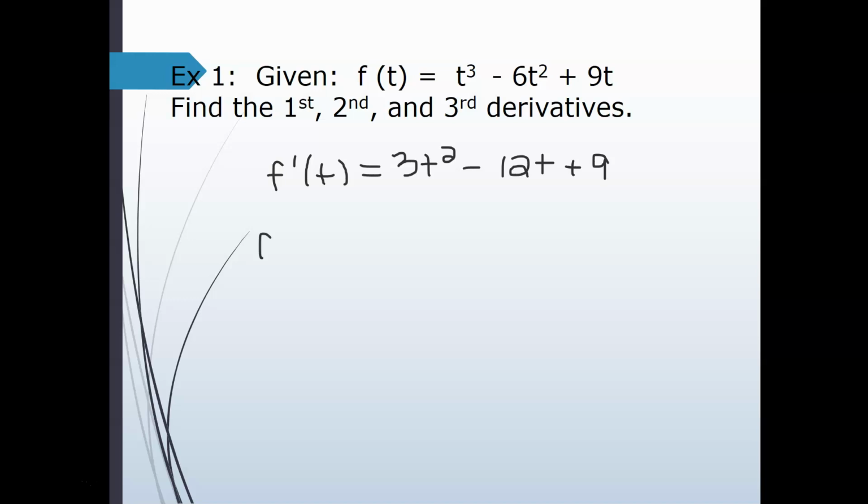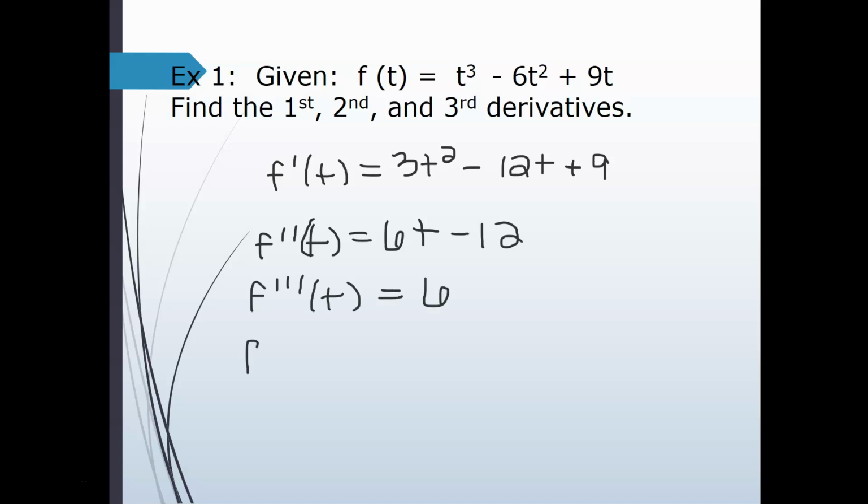What's the next derivative? And the third derivative? And the fourth. You can take the derivative as many times as you can till you get to 0.